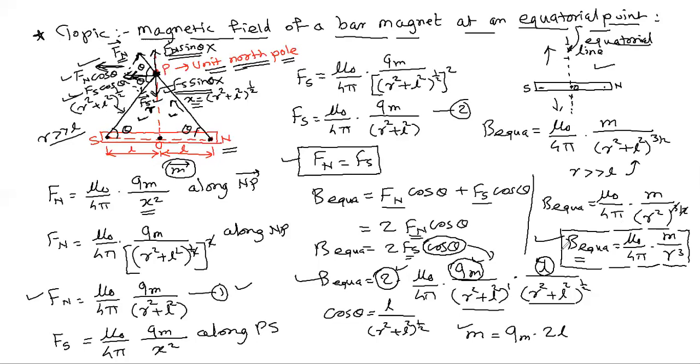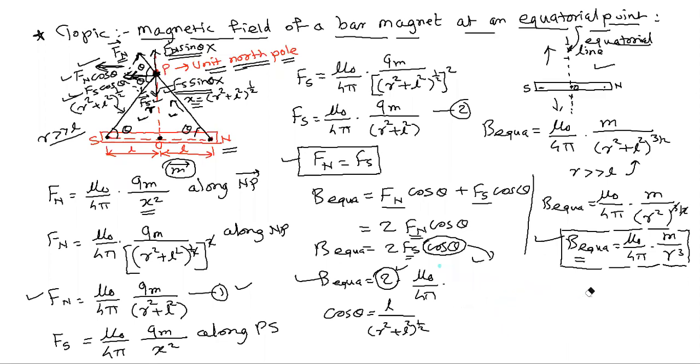Now I want to give a little bit of stretch to your mind. Just recall the magnetic field of a bar magnet at an axial point. Can you remember that particular final equation that we proved there? Yes, that equation is here.